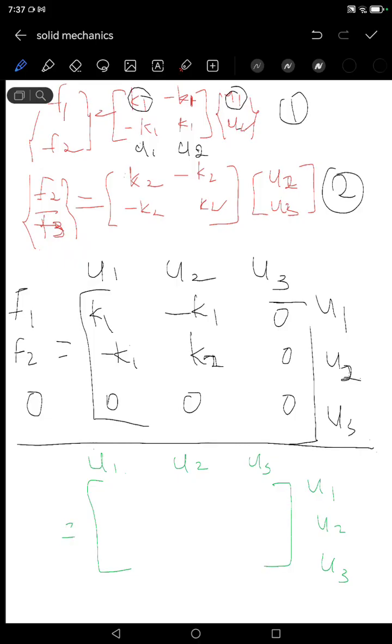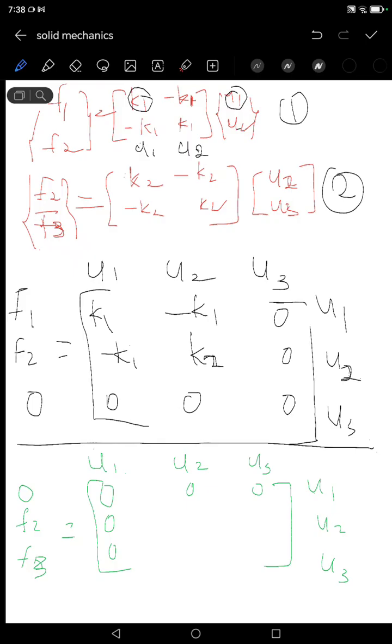We have 2 and 3 but we don't have 1. So wherever there's u1, we're going to have 0 0. We don't have f1, so it's going to be 0, and then we have f2 and f3.